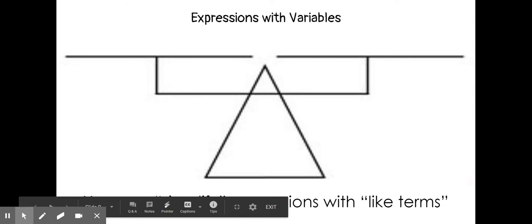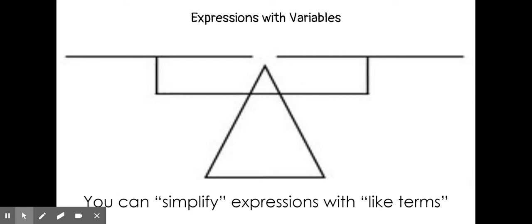All right, so once we understand how to write and recognize an expression with a variable, the next step is that we learn how to simplify expressions with like terms. And notice that I've put quotation marks around simplify and around like terms because we have to figure out what that means.